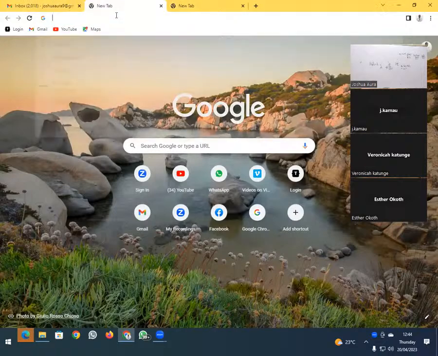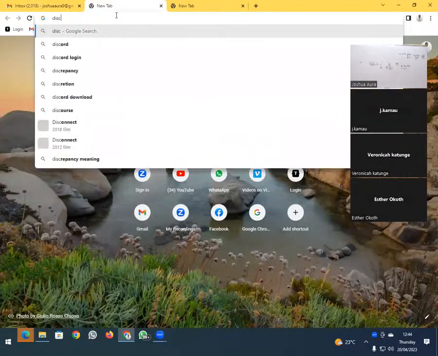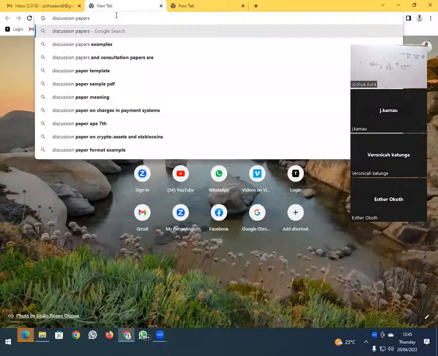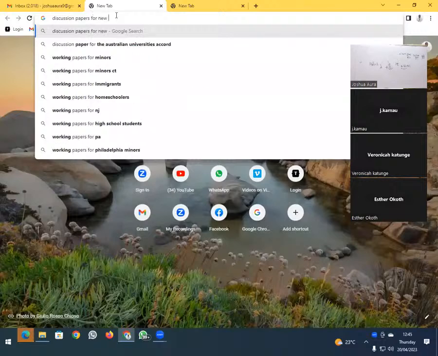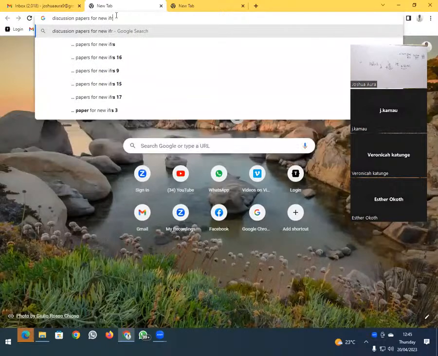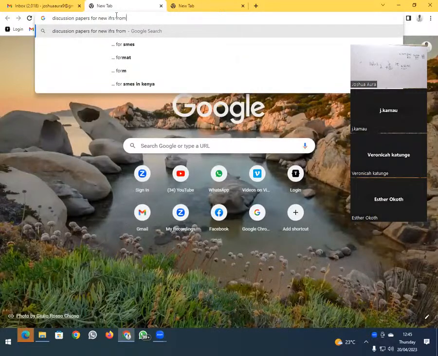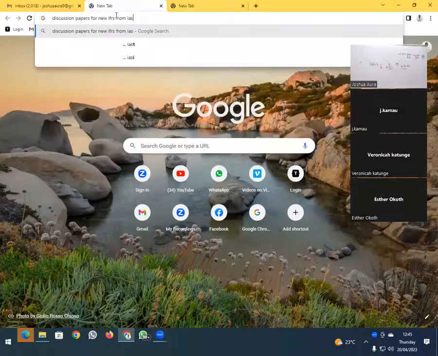It's quite unstable. So discussion papers, they're not one, they're not two, for new IFRS from the IASB, the board itself.